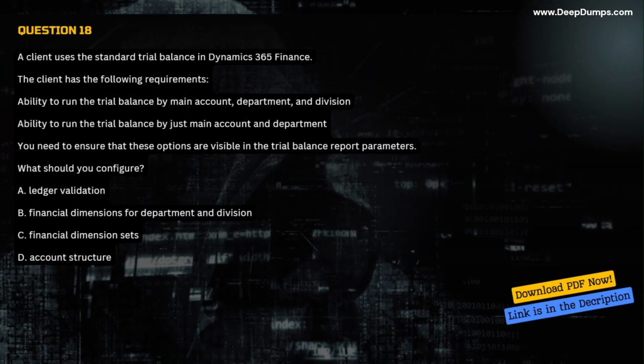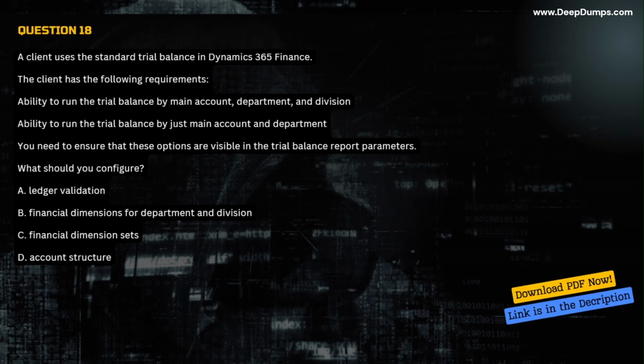A client uses the standard trial balance in Dynamics 365 Finance. The client has the following requirements: ability to run the trial balance by main account, department, and division. Ability to run the trial balance by just main account and department.